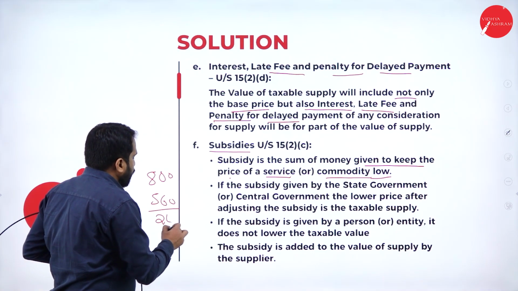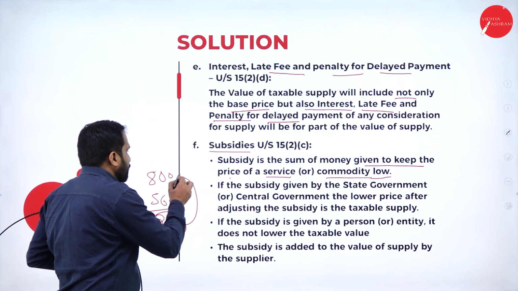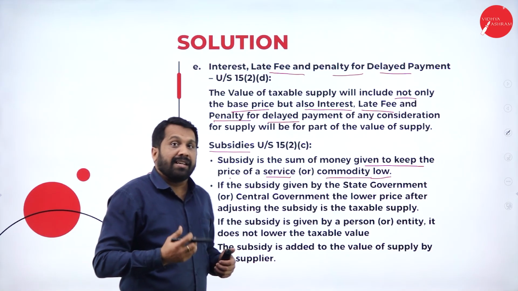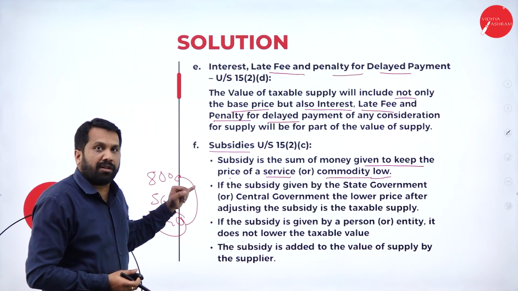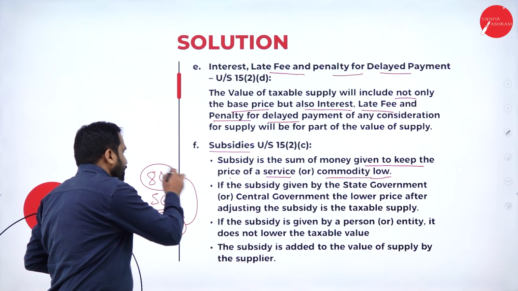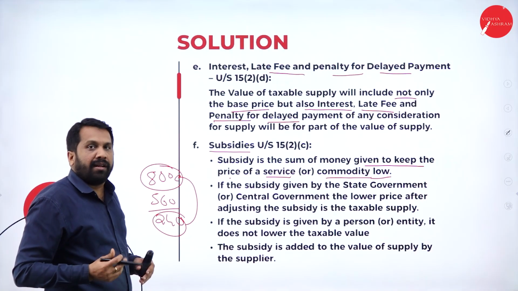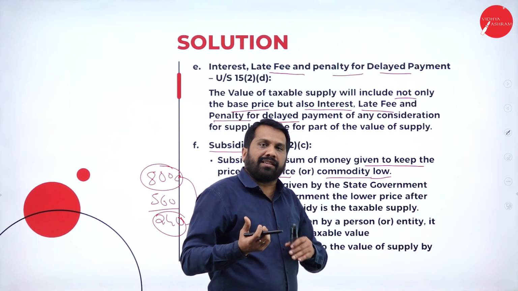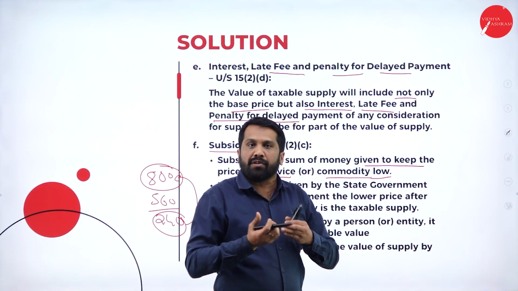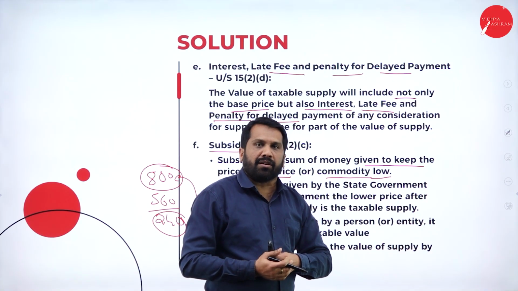What about this 240? It is given by the government, that is subsidy. The same gas cylinder, if you are using it for commercial purpose, you have to pay 800. Hope you are clear. Anything used for commercial purpose, you will not get subsidy, but anything used for your own consumption, you will get subsidy by the government.